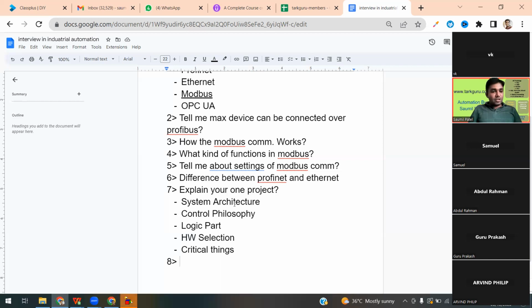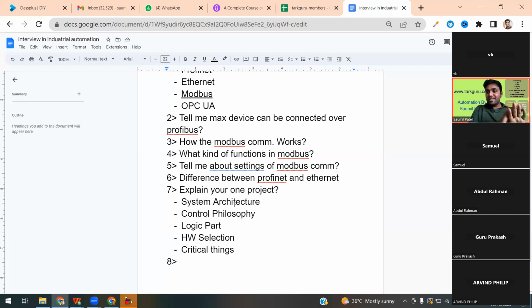Okay. So Amit Kesri says the PCS7 is different from the other platforms like Emerson, Honeywell, and Yokogawa. Yes, definitely it's a different platform, right? But the platform is DCS. See, different DCS software is available because different companies provide different DCS platforms.